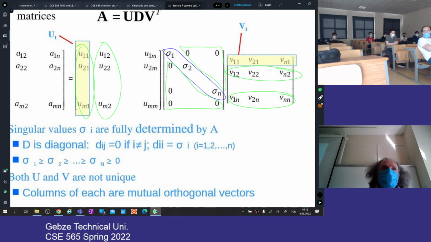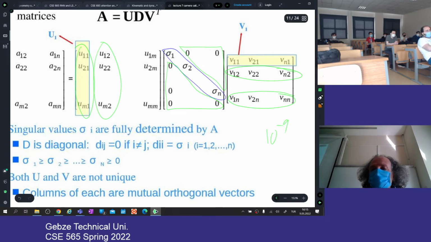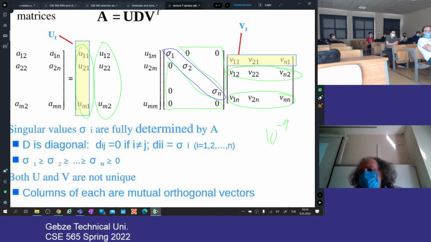Because the comparison might not hold every time, because real numbers are only approximate numbers, right? If I have 10 to the minus 9 Turkish liras, does that mean that I have 0 liras? Well, this is not the same as 0. This is a very small number, but it is not 0, right?